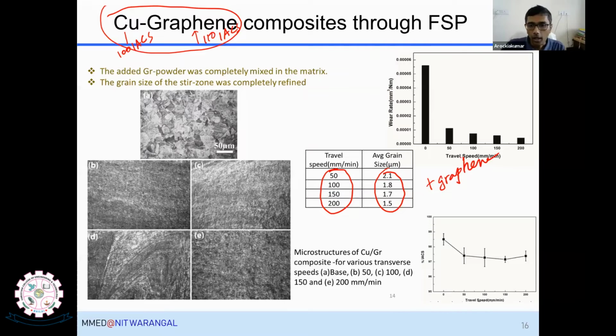You see, after doing FSP, how the wear rate is decreased. Initially the wear rate was here, and then it is drastically reduced after FSP. And you see how the electrical conductivity changed. The electrical conductivity was initially 98.5 IACS, because the copper we are using here is not pure copper.